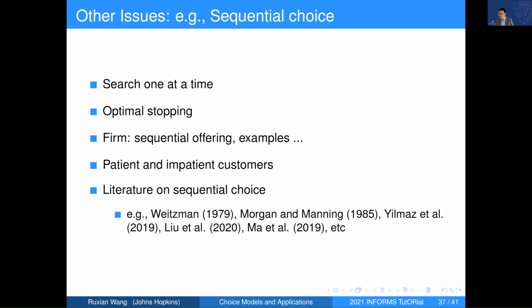Consumers can be different in many different ways. For example, they may have different paying levels. After the consumer sees one set of products, two sets of products, they may decide to leave, to visit another store. There is lots of literature on sequential choice.